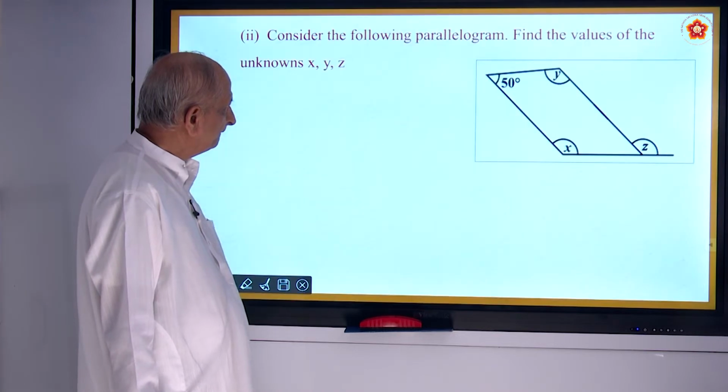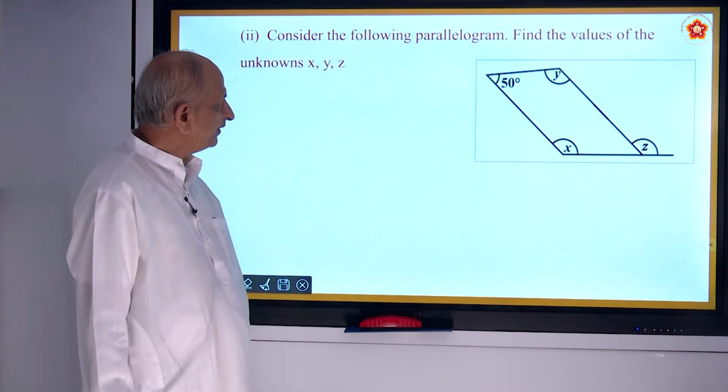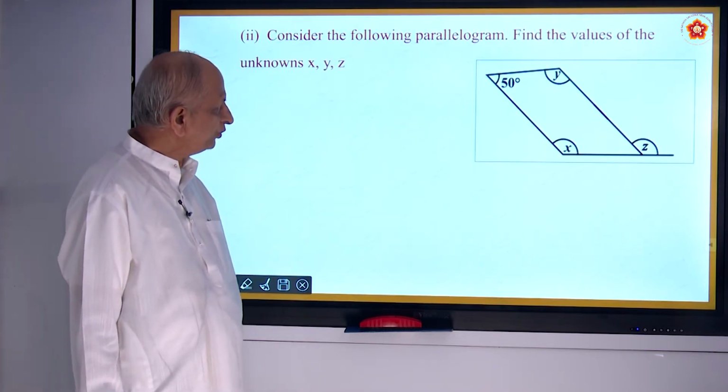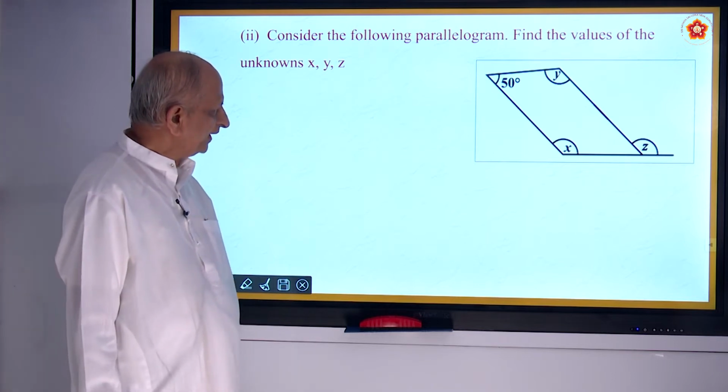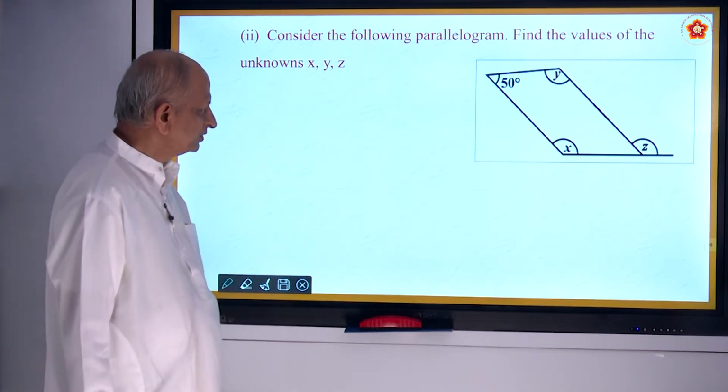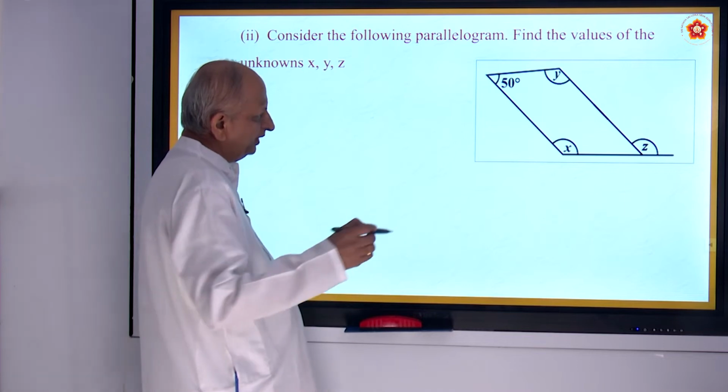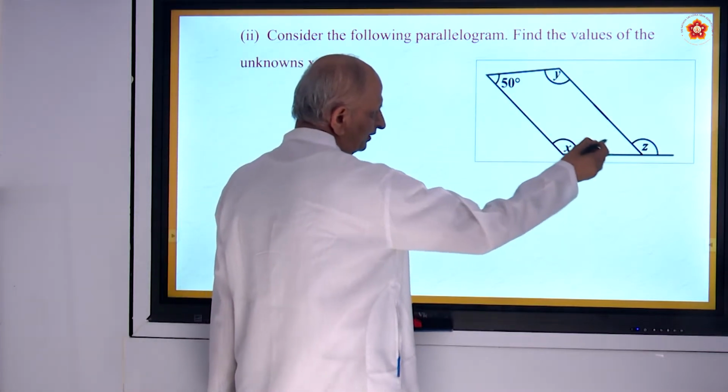Next problem. Consider the following parallelogram. Find the values of unknown x, y, z. So, first you do orally. If this is 50, what about this?